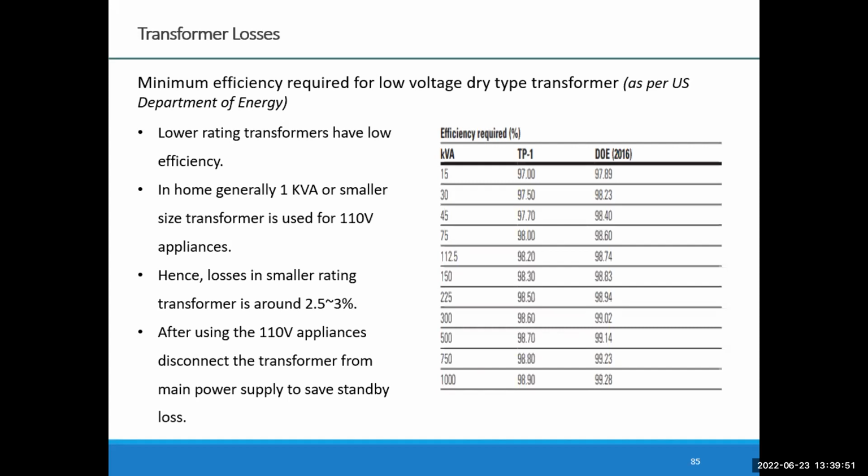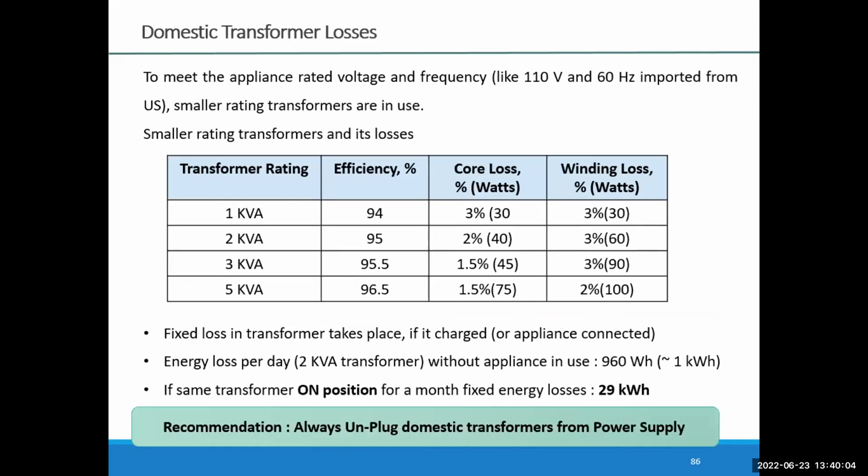The chart shown here has transformers of rated capacity 15 kVA to 1000 kVA, and their efficiencies are also shown. To meet the rated voltage and frequency of appliances, like 110 volts and 60 hertz, imported from the US or other locations, smaller rating transformers are used in households.